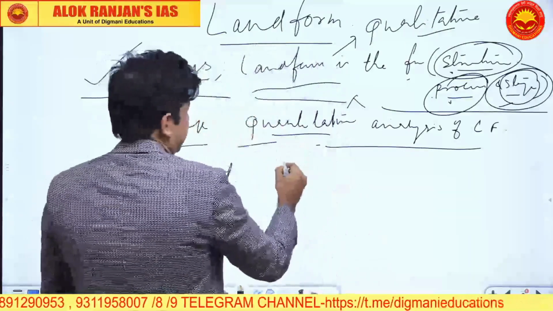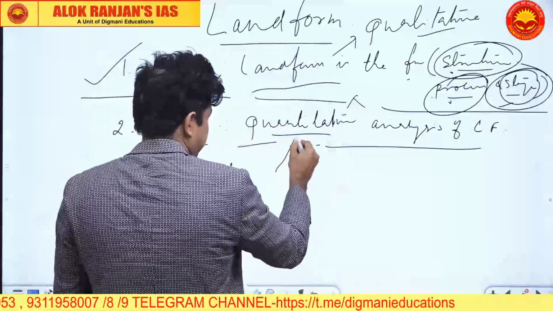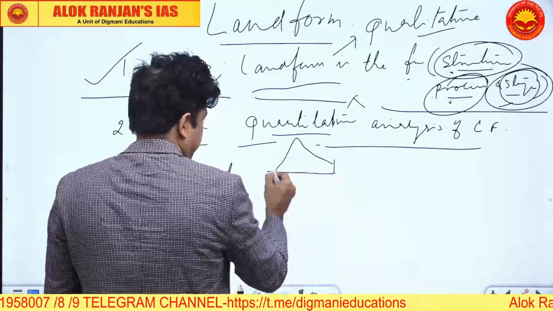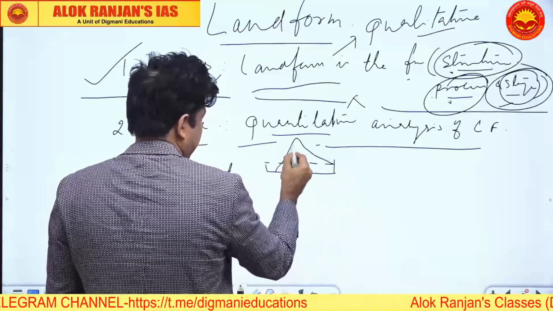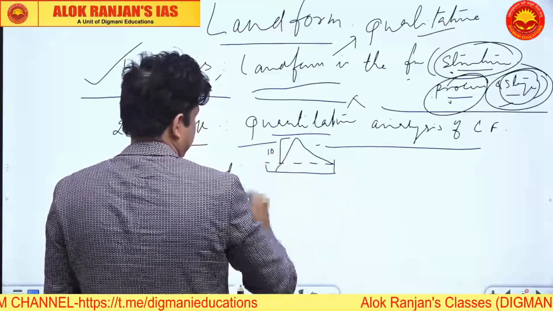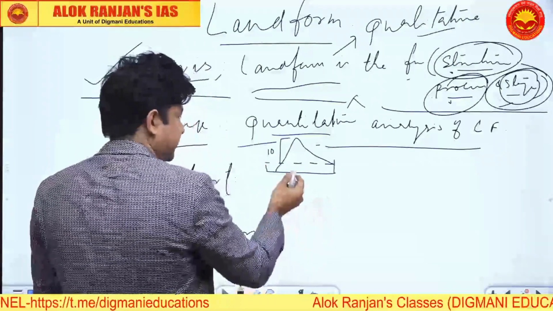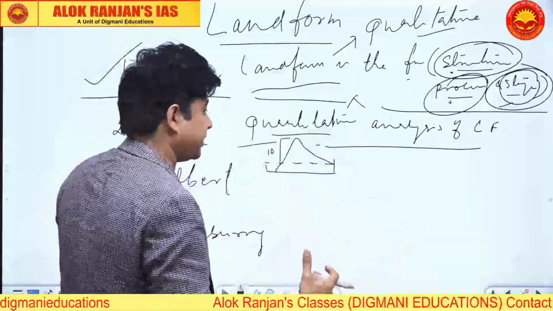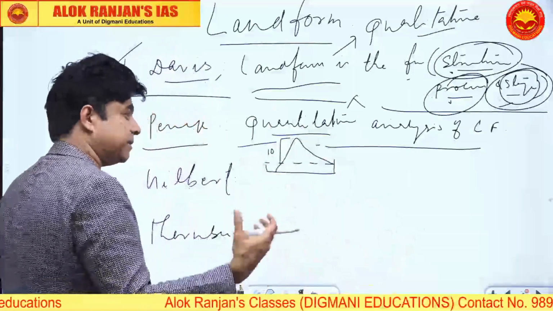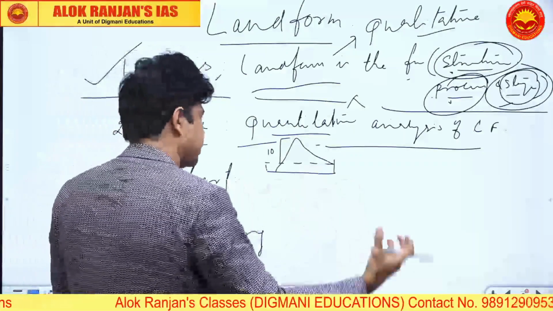Say the Himalayas have been uplifted 10 meters from the base level or the sea level. मान लो 10 meters का upliftment हुआ, but as the upliftment has started, the exogenetic forces, the glaciers and the wind and the rivers and the streams will start eroding it.